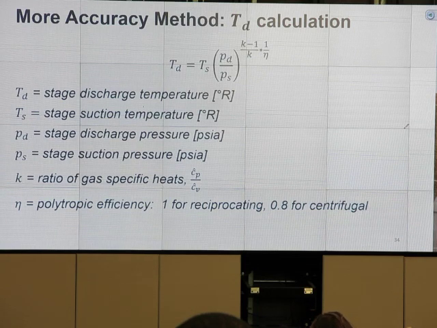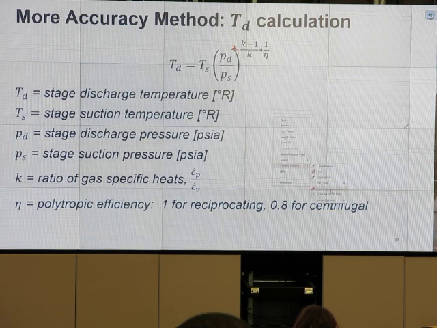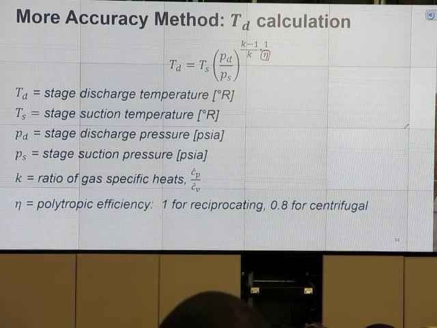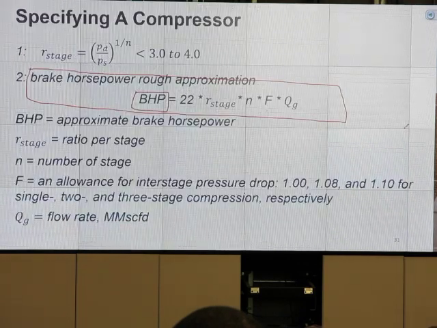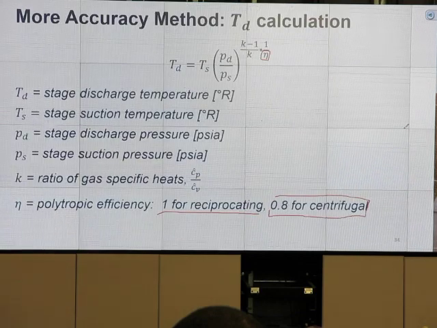You have this equation already previously, but this time, instead of Z1, like in the theoretical part, I have eta. Eta is 1 for reciprocating compressor, 0.8 for centrifugal compressor.